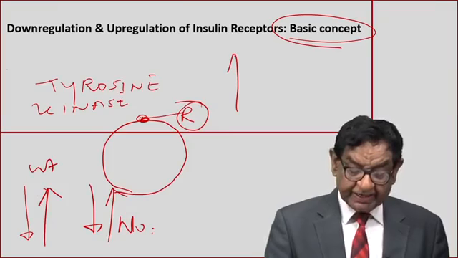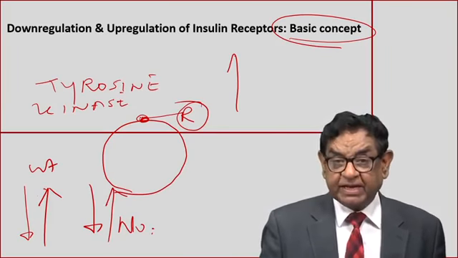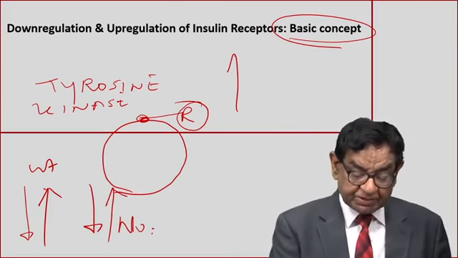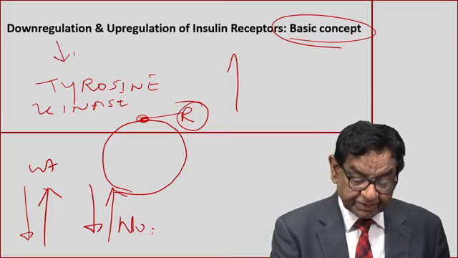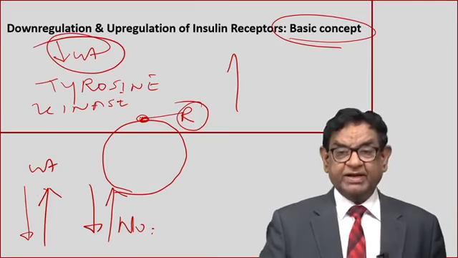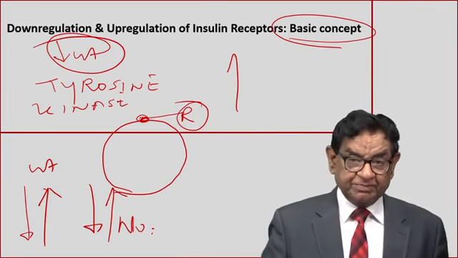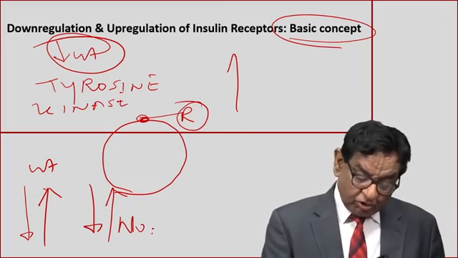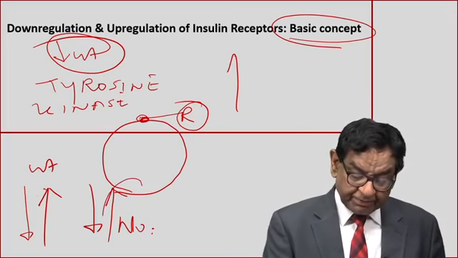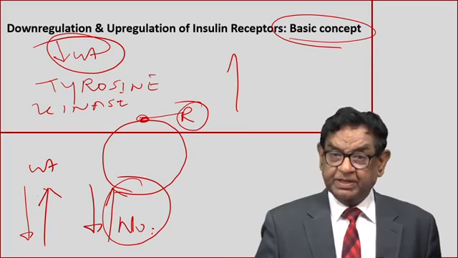That is why when we manage a case of type 2 diabetes, our main aim is to reduce body weight. The body weight reduction is the most important thing. Once the patient loses body weight, the number of receptors automatically goes up, and already insulin is there.